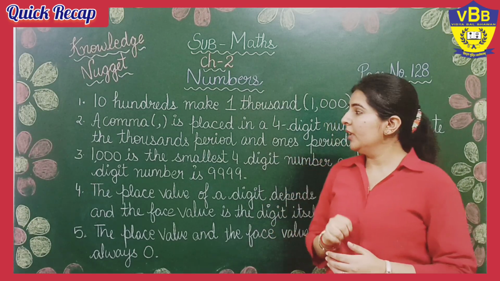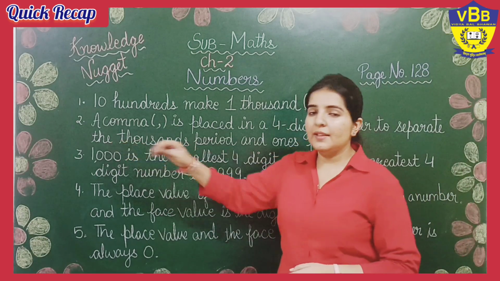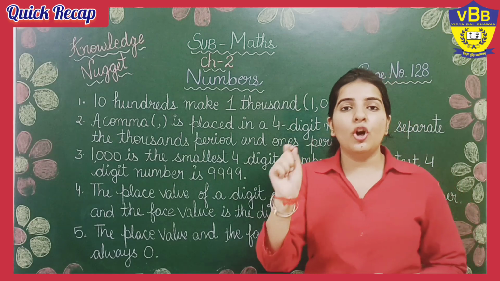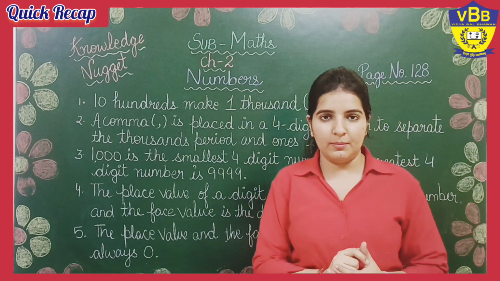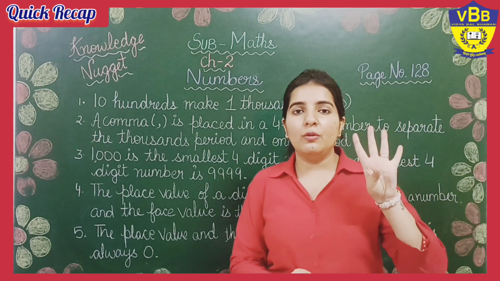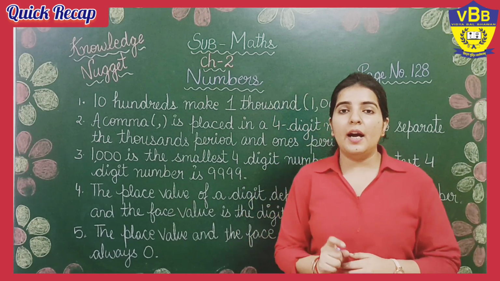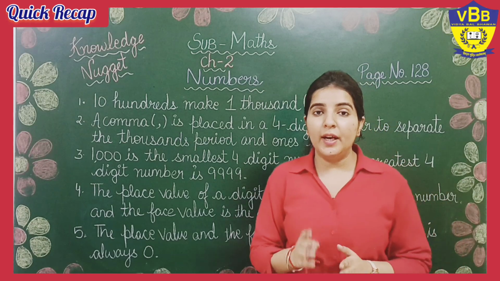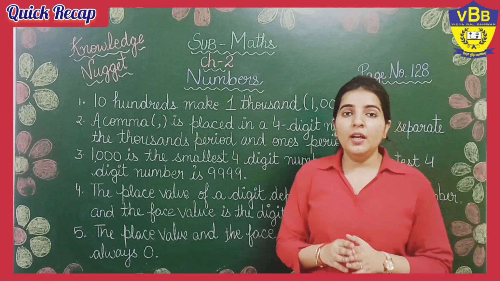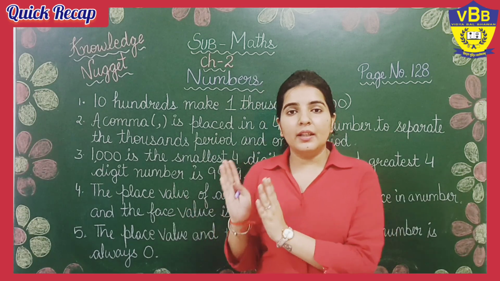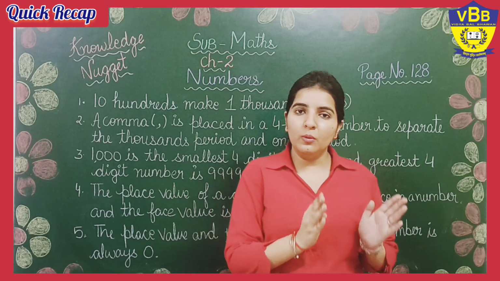Okay everyone? Now the next is, as we have already discussed, that there is a comma after the first number. When we write down a 4-digit number, we always put a comma after the very first number. Why? We put the comma to separate the thousands period from the ones period.